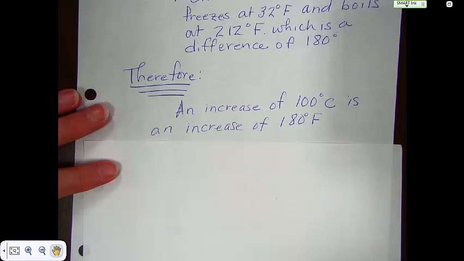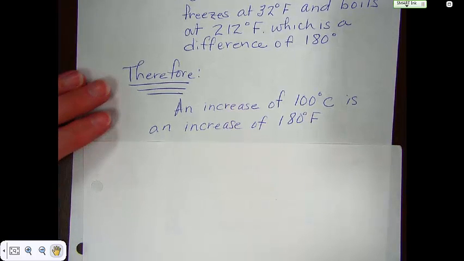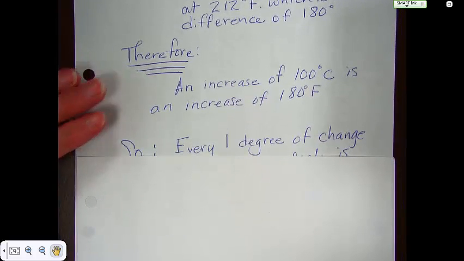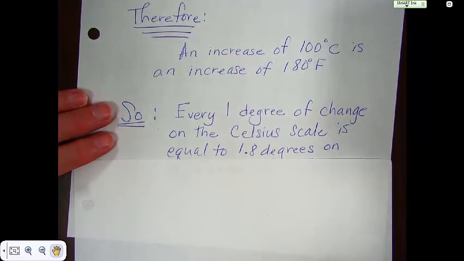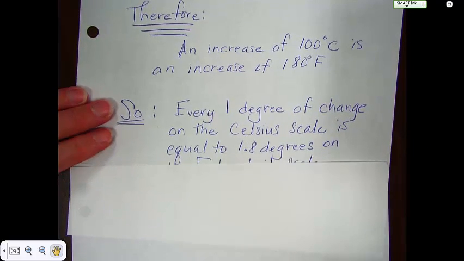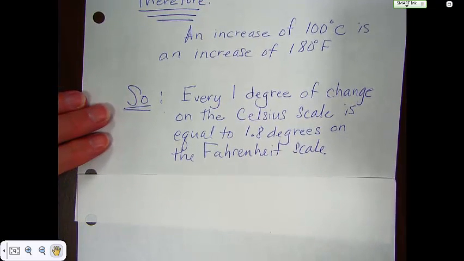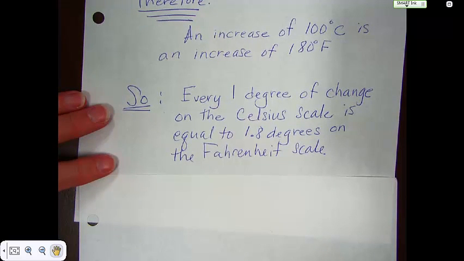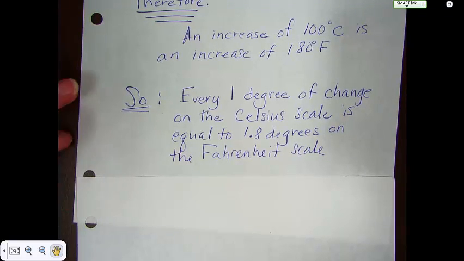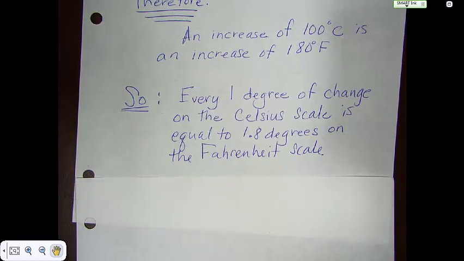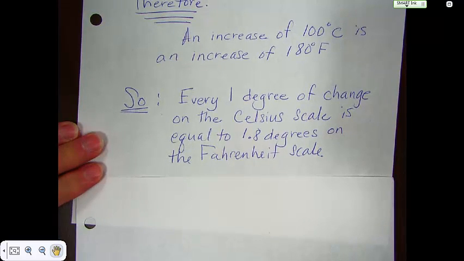So an increase of 100 degrees Celsius is an increase of 180 degrees Fahrenheit. For every degree of change on the Celsius scale, it's equal to 1.8 degrees of change on the Fahrenheit scale, which is really quite significant. If you have a 30-degree change on the Celsius scale, then that's 30 times 1.8, which is more like 54 degrees. That's a pretty big change.